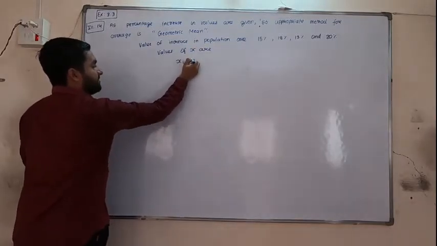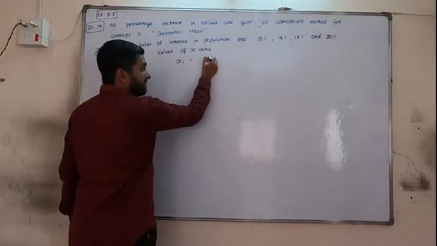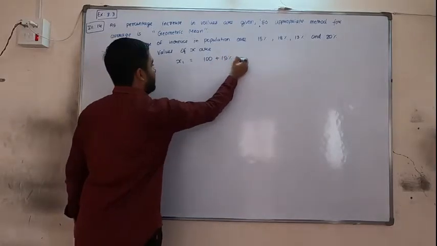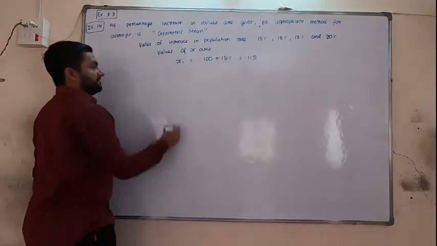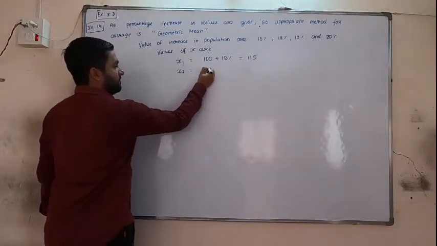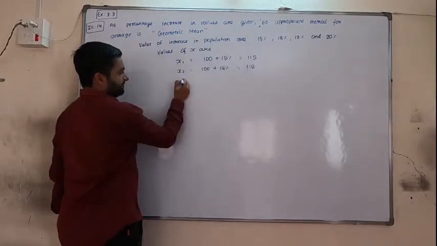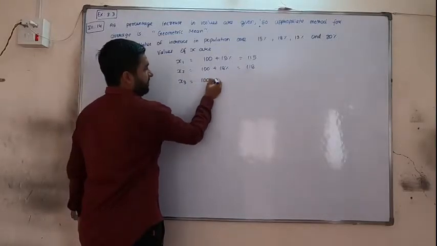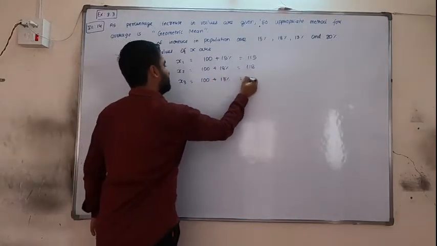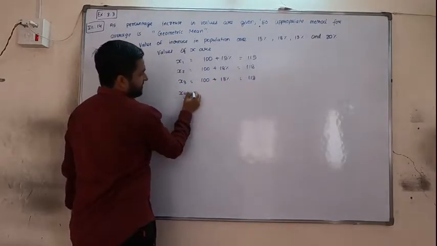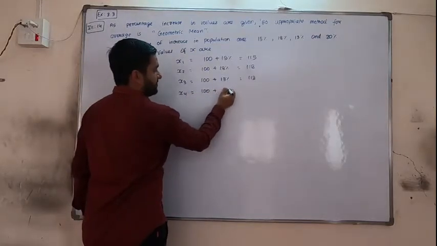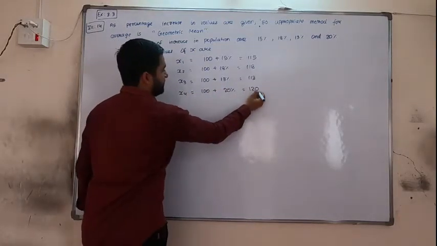are: x1 is equal to, now it is percentage increase, so don't forget to add 100, so 115; x2 is 100 plus 18 percentage, 118; x3 is 100 plus 13 percentage, 113; x4 is 100 plus 20 percentage, 120.